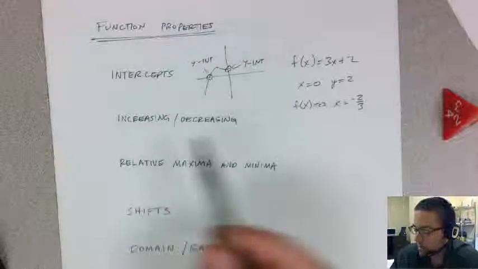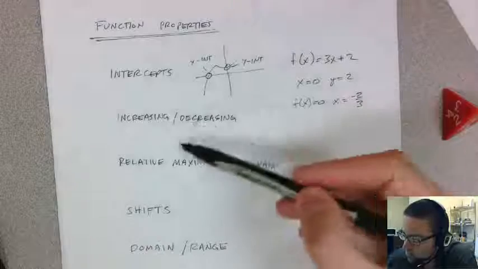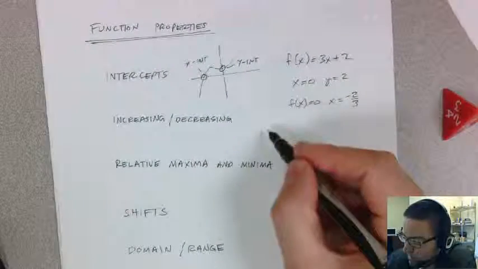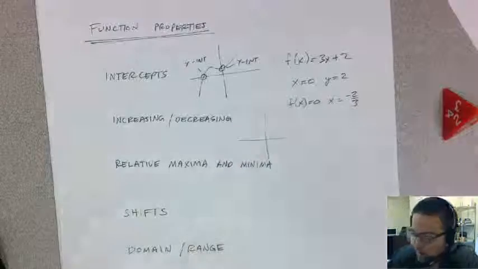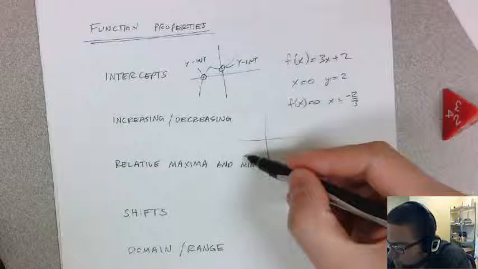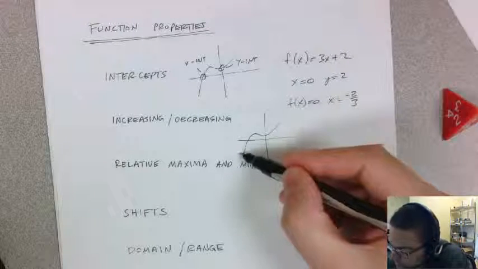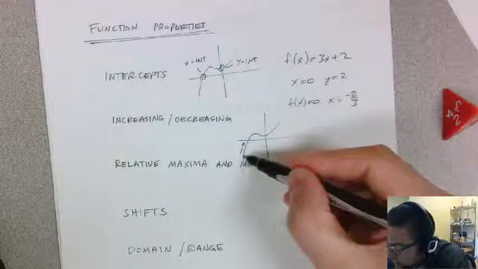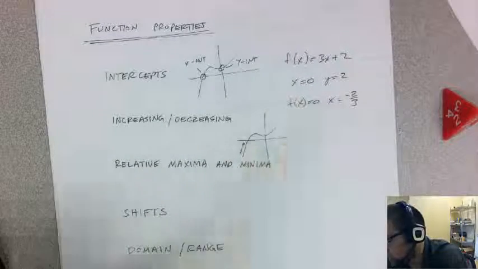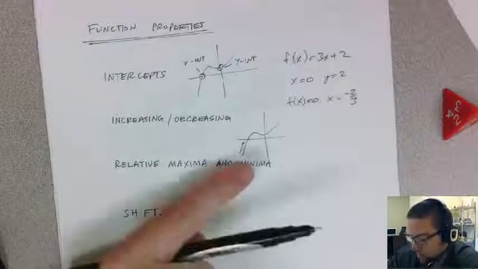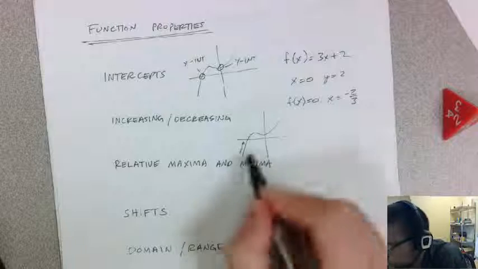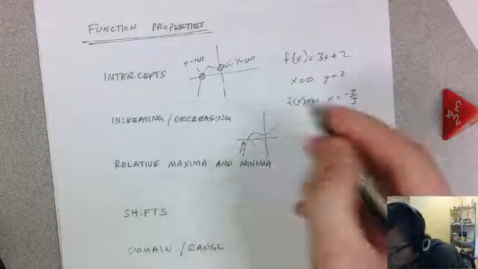Okay, increasing and decreasing is important. It's just an observation about a graph or how the values are changing as you increase your x. So this graph right here, it's increasing. The values of the function are increasing as you're going along to the right. It's just like reading a book. You're always going to the right, and if the values are increasing as you go to the right, you say the function is increasing.